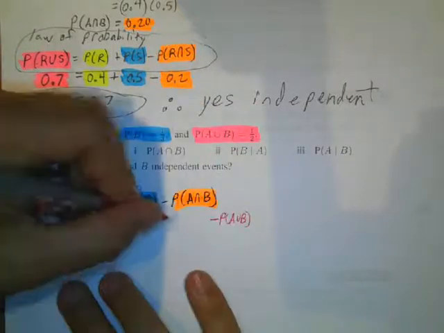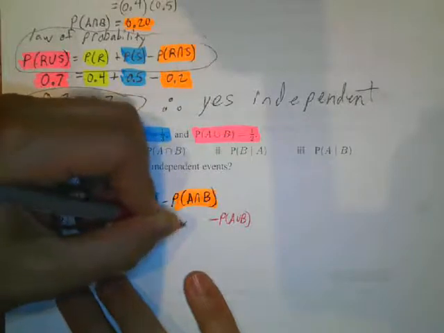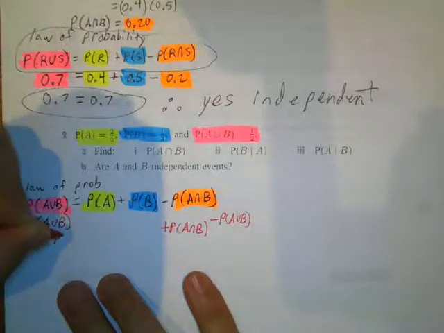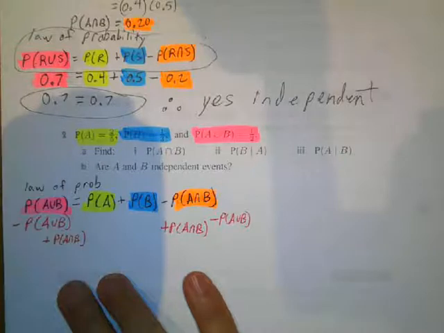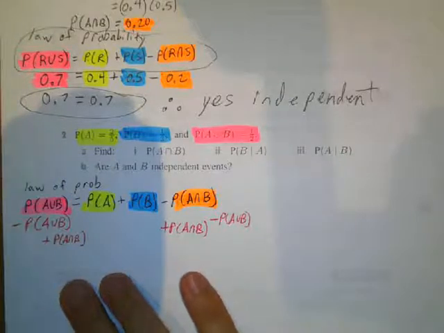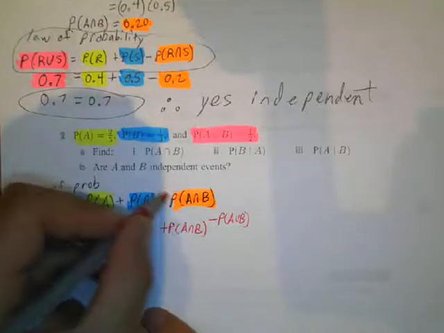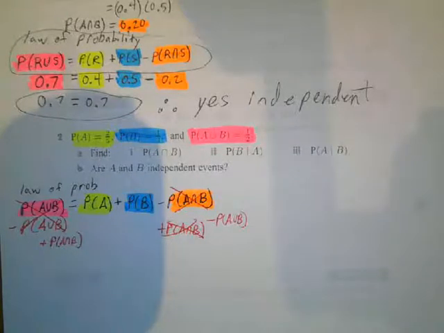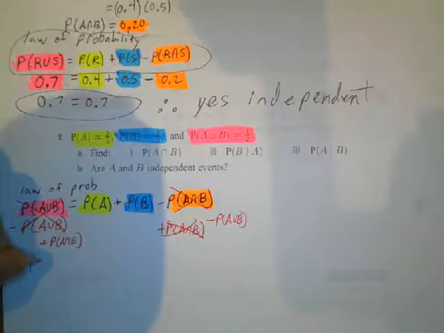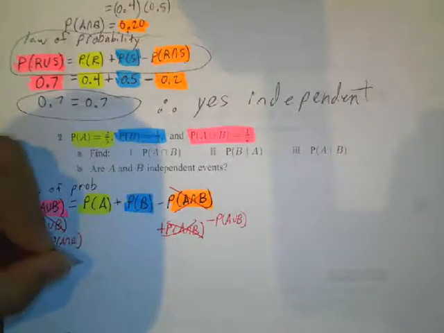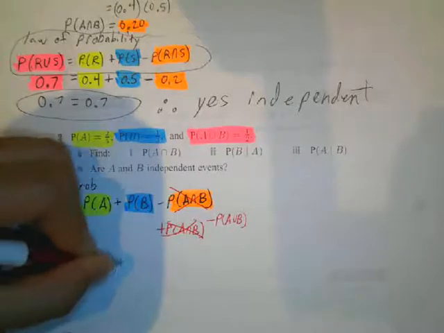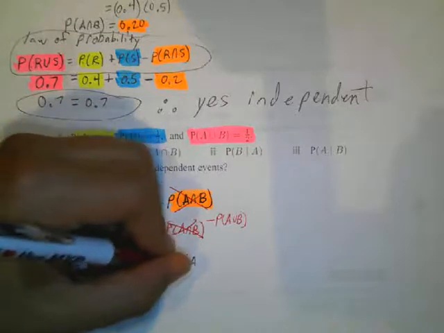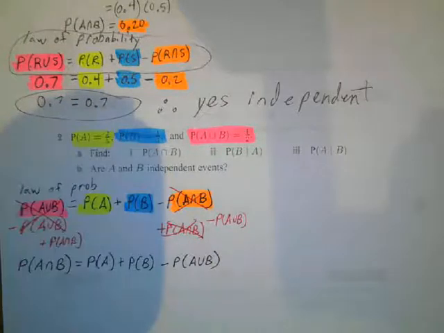And I'm going to add the probability of A intersection B on both sides of the equation, which is going to make this cancel out, and this is going to make this cancel out, and so we end up with the probability of A intersection B equals the probability of A plus the probability of B minus the probability of A union B. You may want to hit pause and think about that for a second.